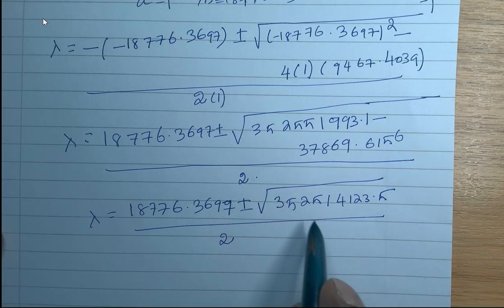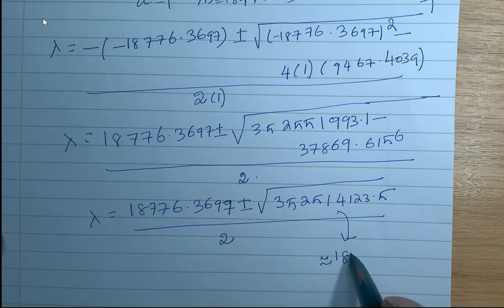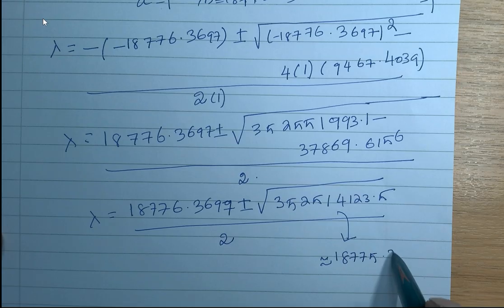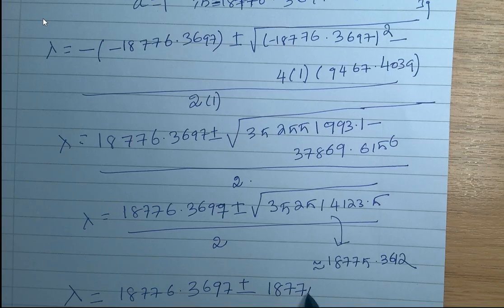So this value is square root of what? Square root of this value is approximately equal to 18775.3612. So plug in that value here. So that way lambda will be equal to 18776.3697 plus or minus this value, divided by 2.